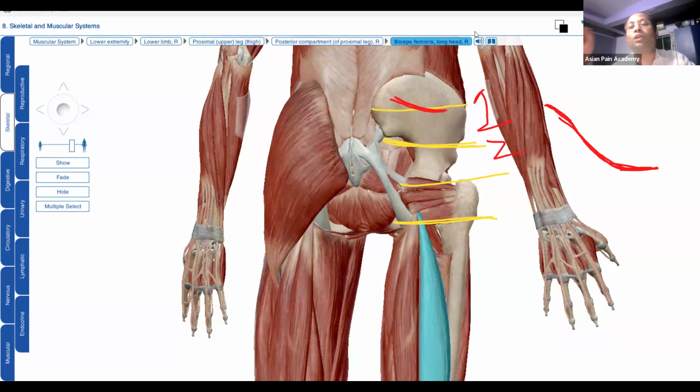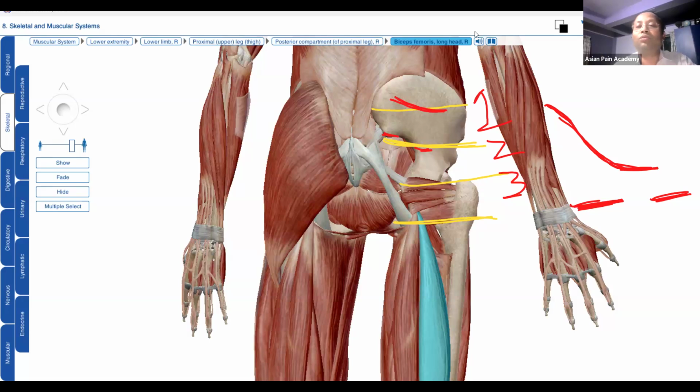Then comes number 2 position. In number 2 position, we will see that there is a gap in the bone. We will see the bone of this part and this part, and in between, because the greater sciatic notch is there, there will be a gap in the bone. Then comes number 3 position.